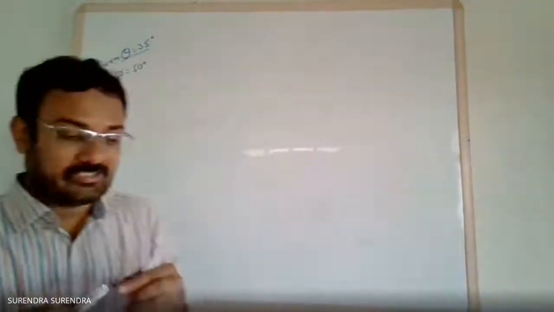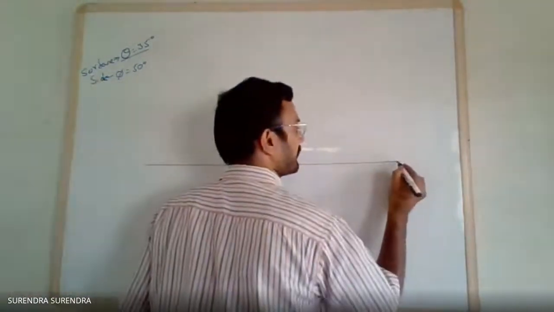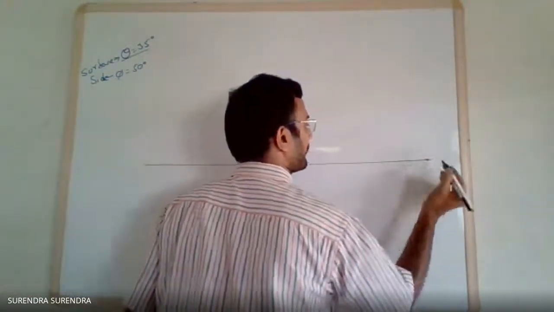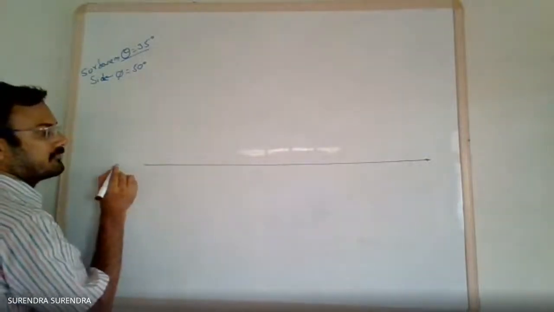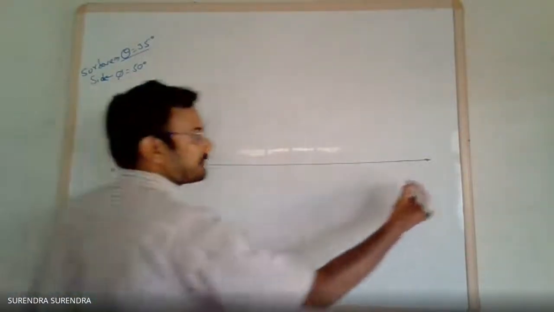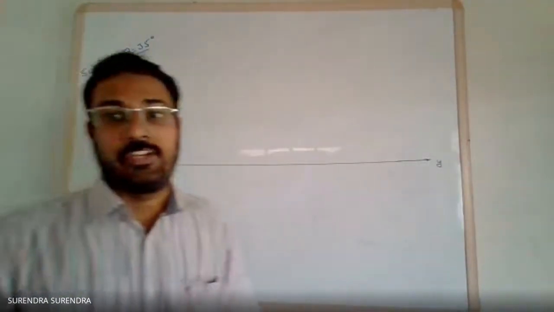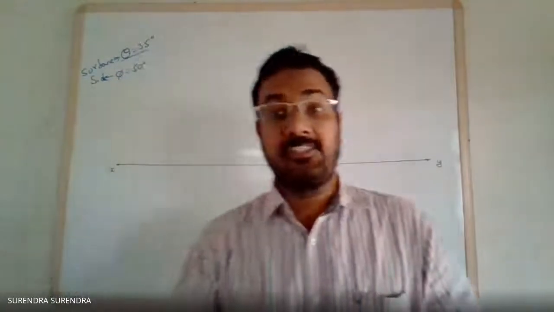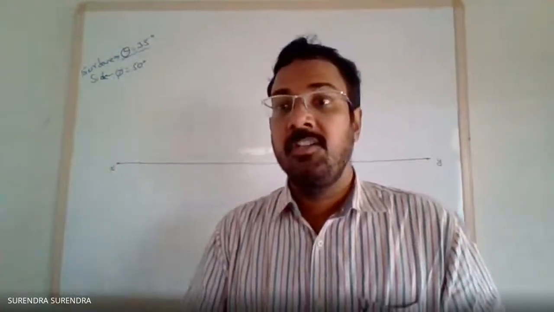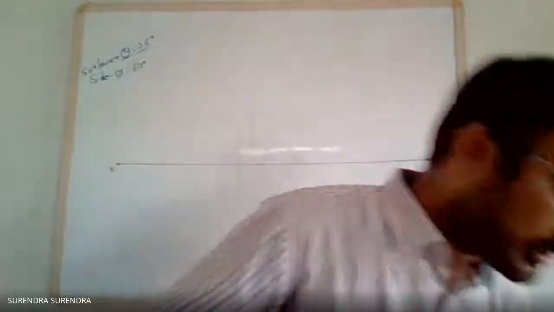So first draw the XY line and identify the surface inclination first. The surface is inclined at 35 degrees to the HP.